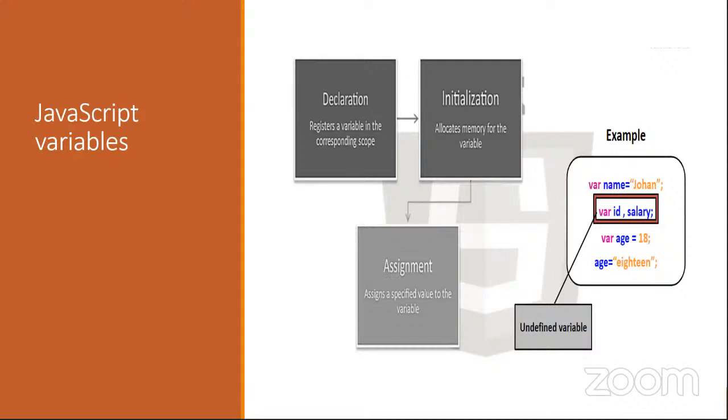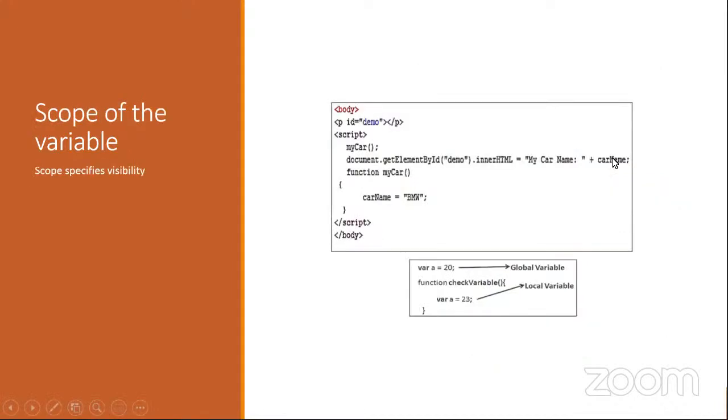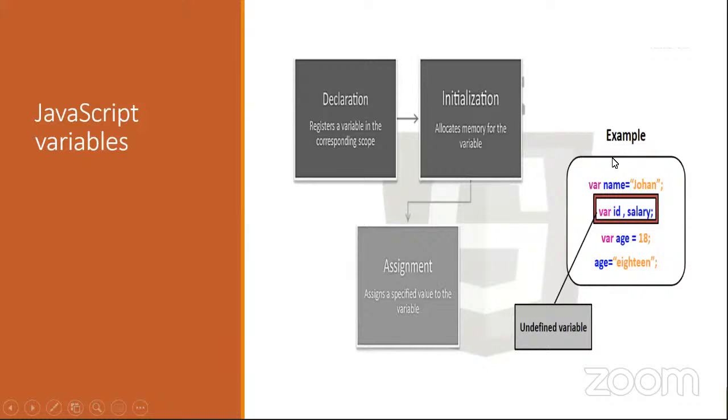Right? So we can observe in this example. The first one, where name equals John, is valid. We're initializing the variable along with the value, so that is valid.